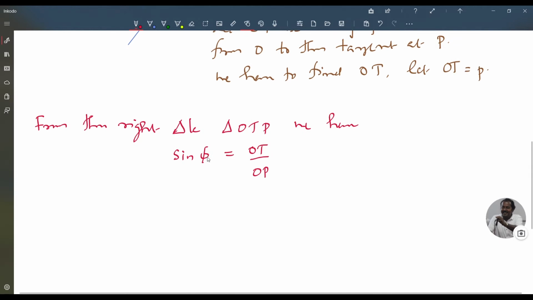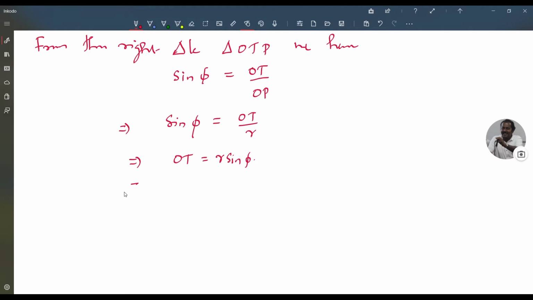You know that OP is r. So this implies sine phi is equal to OT divided by r. This implies OT is equal to r sine phi. So OT is little p, so p is equal to r sine phi.